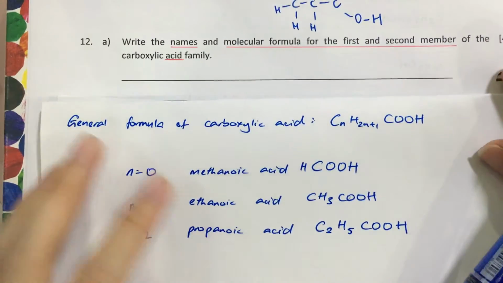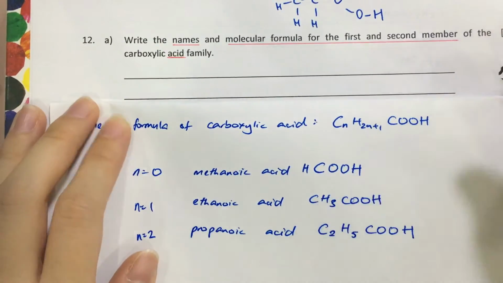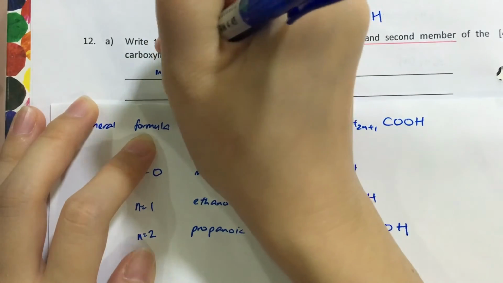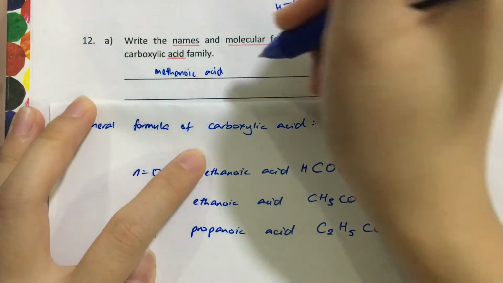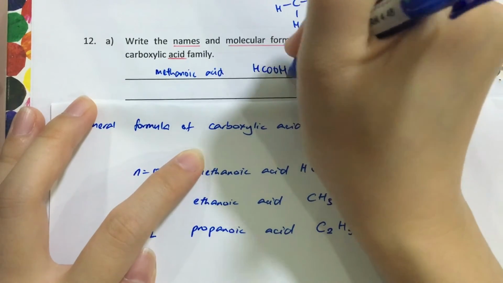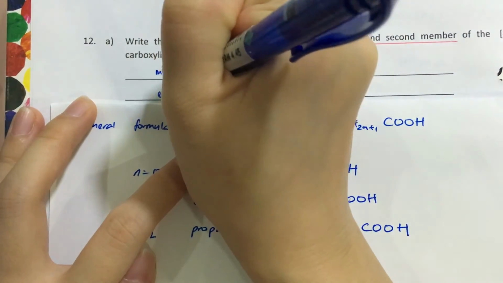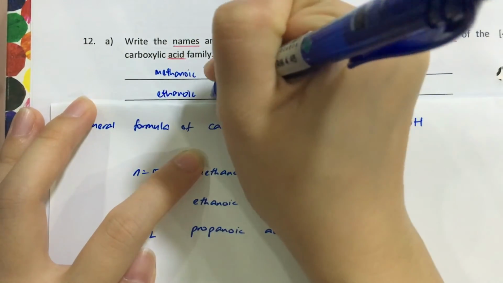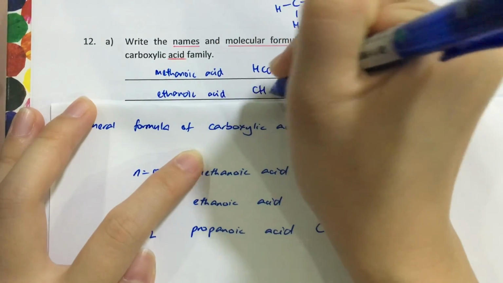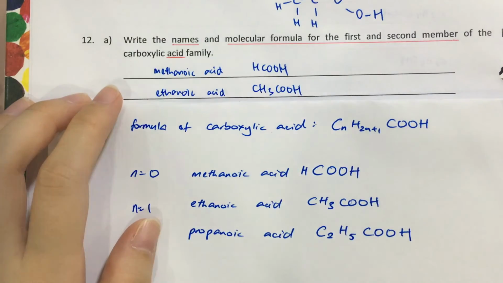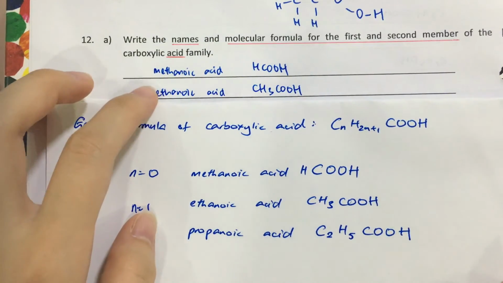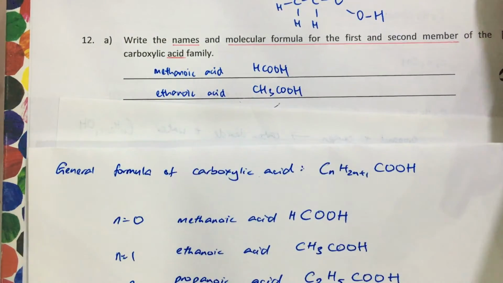So the name is simply methanoic acid, where you have your HCOOH, and ethanoic acid, which is CH3COOH. By now, you should be able to memorize the ethanoic acid formula as well.